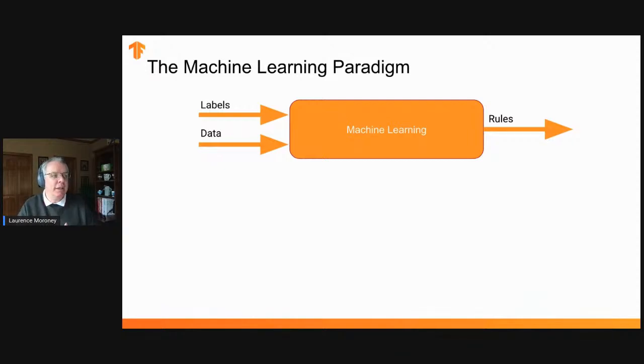So if I go back to this diagram, now I have my data, which is the data that I've gathered from the device, be it a watch or whatever. I have the labels that I've added to that, which are things like walking, biking, running, or whatever. And with machine learning, it will figure out the rules and the patterns that say, when I see this data, they're probably walking.